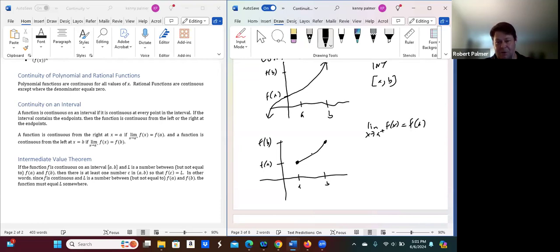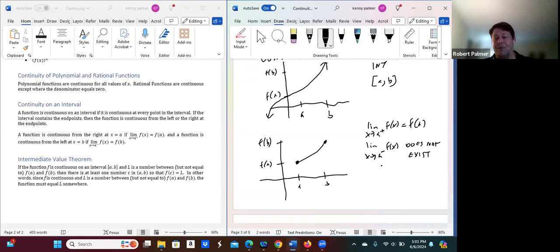See that from the graph: I go in this direction, down toward A from the right, and that's the same as f of A. But the limit as x goes to A from the left of f of x, notice I can't come from this direction because the function doesn't exist there. So this does not exist. But that's okay. That doesn't really affect what's going on with this.